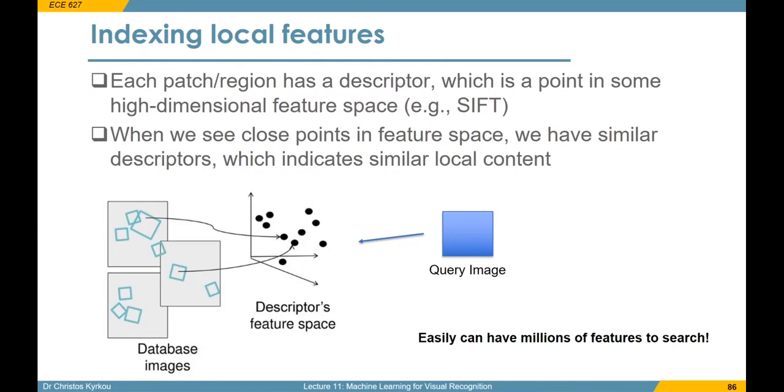So when a new image comes in, we first want to look at what patches are in that image, and we want to see if we can find the same patches that we had in one of the images in the database. As you can imagine, we can have millions of features to search in our database.